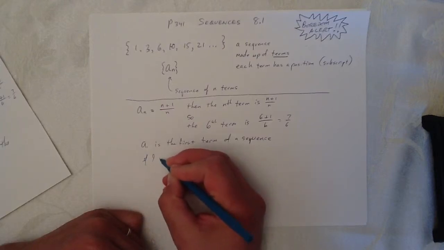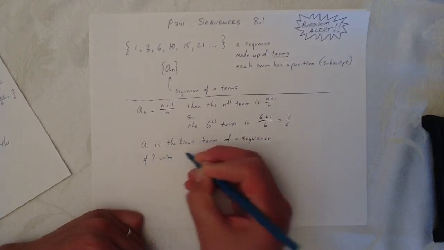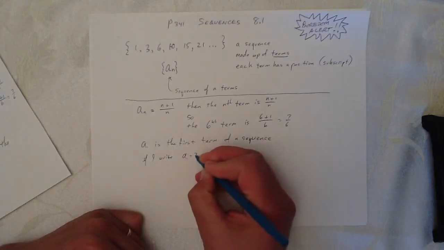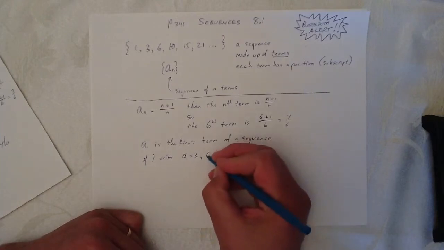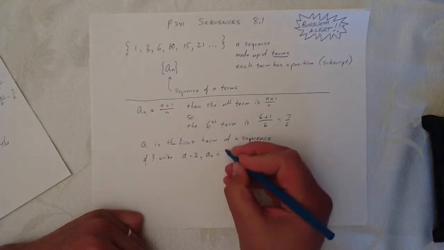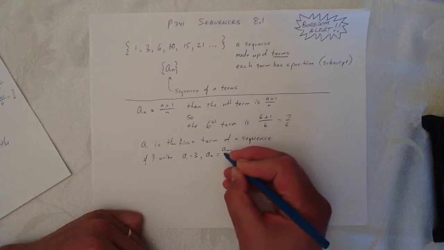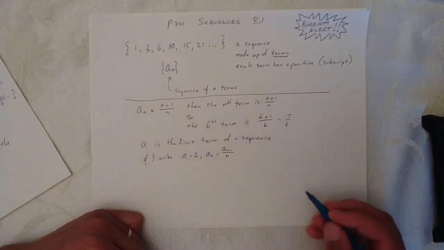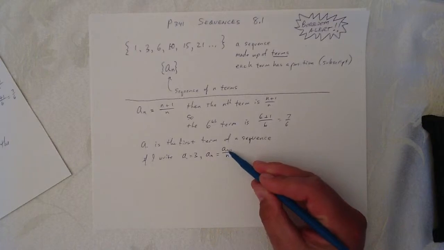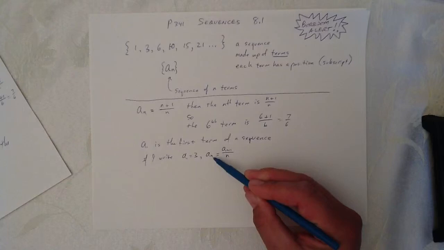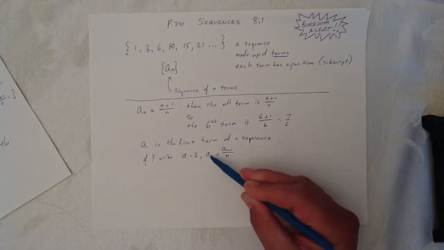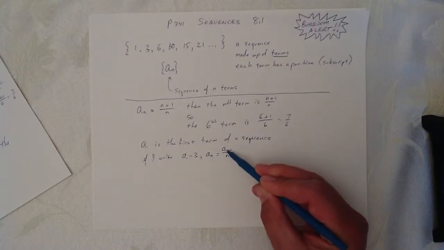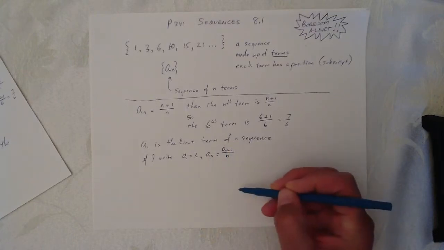If I write A_1 equals 3, in other words, the first term of the sequence is 3, comma, A_n equals A_(n minus 1) over n. It's a little bit complicated. A_(n minus 1) over n, which means that if n was, say, 8, then n minus 1 would be 7, so A_8 would be A_7 over 8.